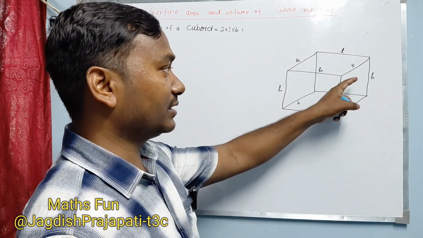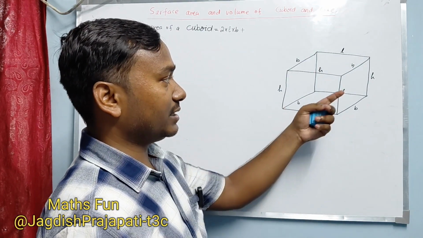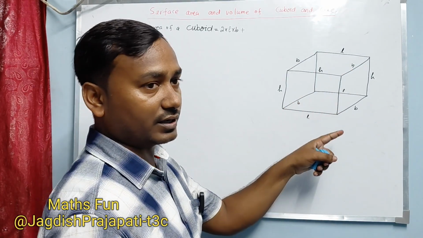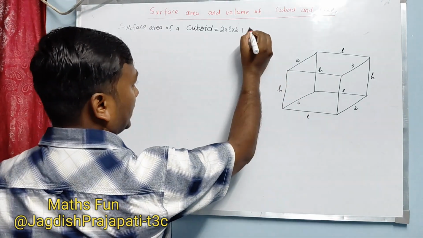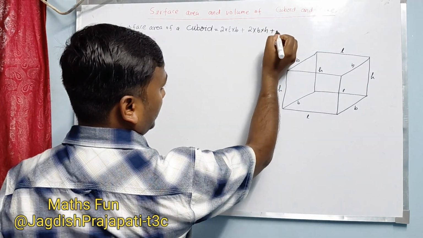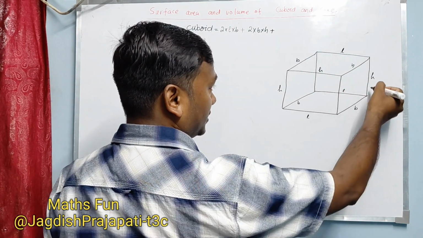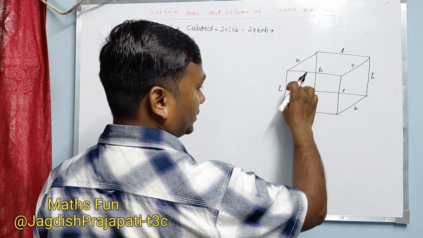Actually it is not looking like a rectangle, but it is just a rectangle. In order to understand, I have drawn it this way. So that will be 2 into B into H plus, now let's consider this and this.